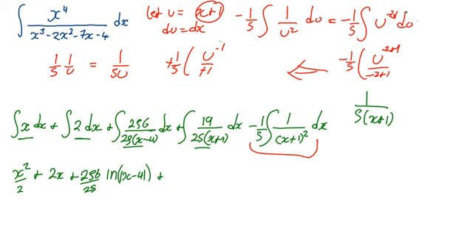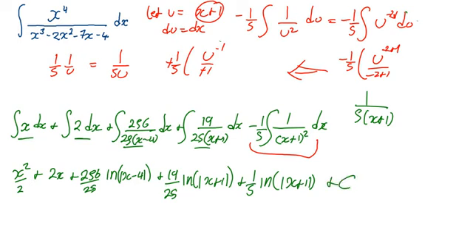So plus 19 over 25 natural log of absolute value of x plus 1. Then what we have found is plus 1 over 5. Instead of putting it on the denominator, I'll say it is natural log of absolute value of x plus 1, and plus c as a constant, and this is simply the integral of this one here.